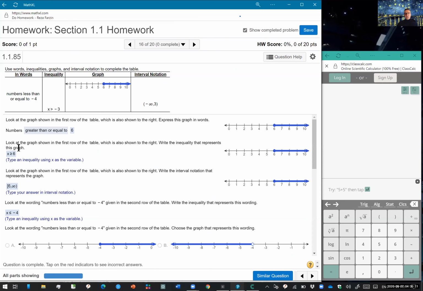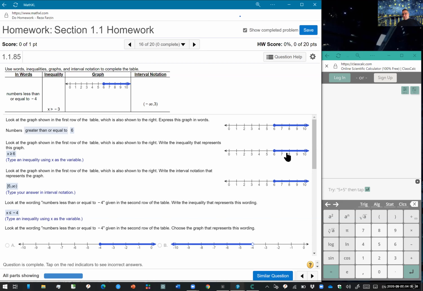So now here, look at the graph shown in the first row of the table, which is also shown here. Write the inequality that represents this graph. They don't want you to write the entire set builder notation, just the inequality that goes inside it. So notice here, you would just say x is what? What kind of x are we looking at?